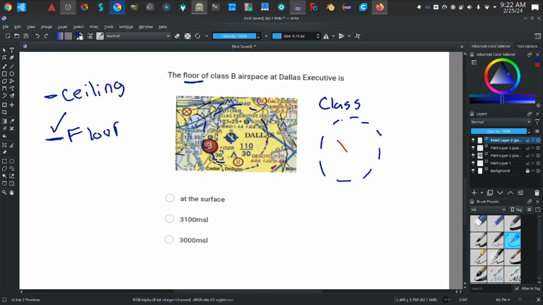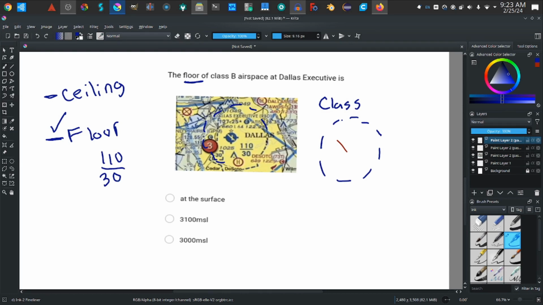Now we know it's Class B. Now in Class B, I have 2 numbers: 110 over 30. In its perfect form, these are numbers in thousands of feet.